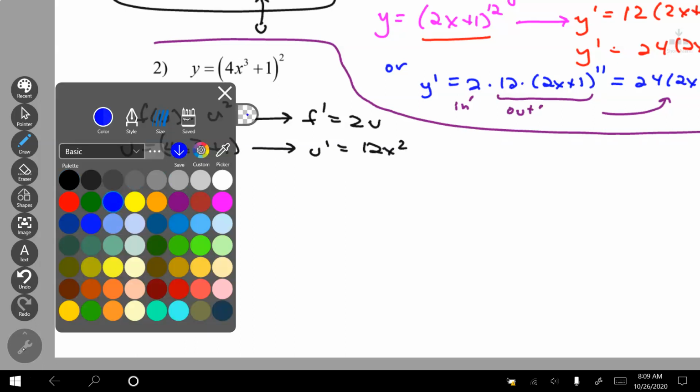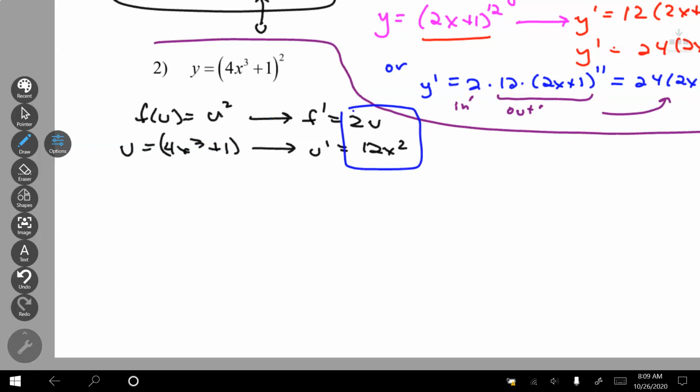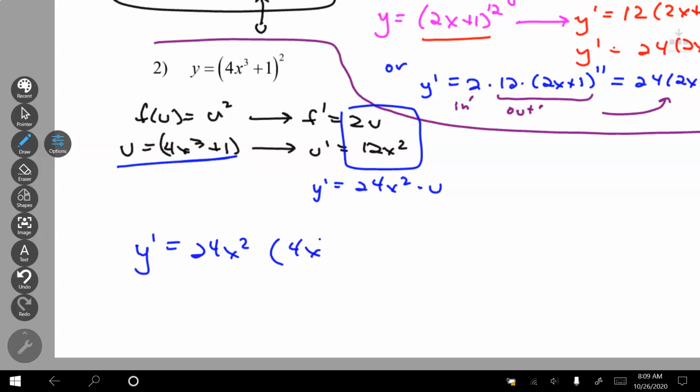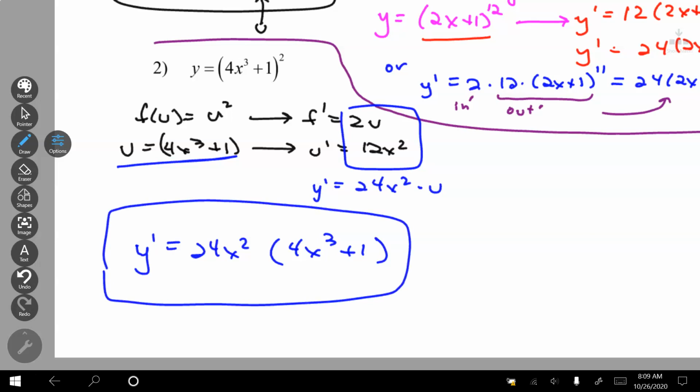And when I multiply it all together, I get the derivative is equal to 24x squared times something. Now when I have to rewrite it, I have to get rid of this, because I have to remember that my u stands for something else. So y prime equals 24x squared times 4x cubed plus 1. And that's what I get. And that's what we're trying to do. Rewrite it.